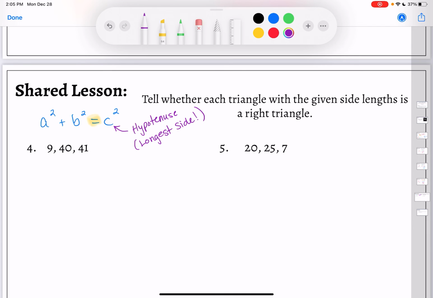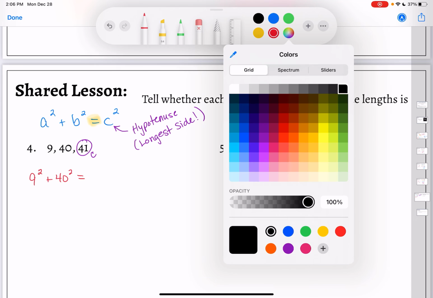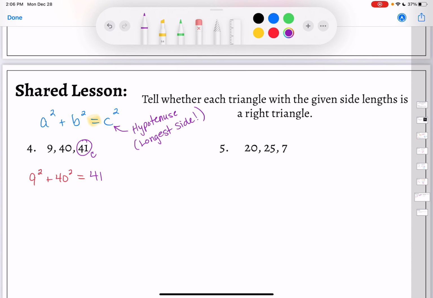So if you look at your list of numbers here, the longest one would have to be c, and the other two would be a and b. So here I would have 9 squared plus 40 squared equals 41 squared.